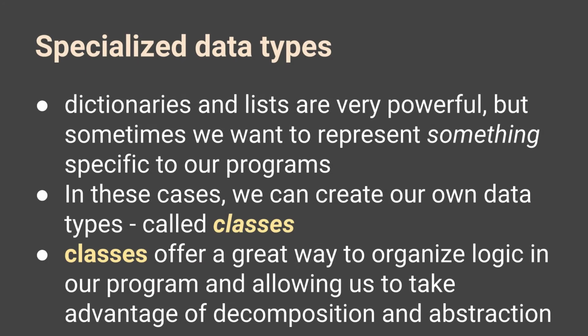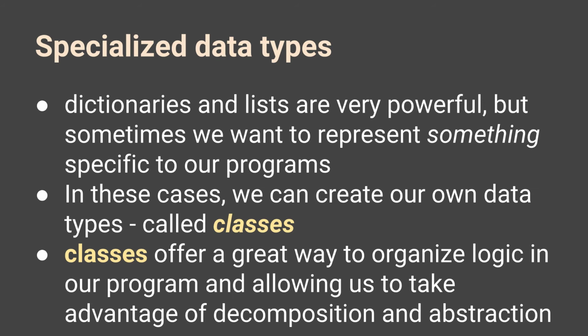So dictionaries and lists are very powerful, and you can write a lot of Python code without going much further than using just simple dictionaries and lists. They're enormously flexible. But every once in a while, we're going to want something to represent something very specific to our programs. And in these cases, we're going to go beyond what Python provides us and start building our own data structures, and we'll call those classes.